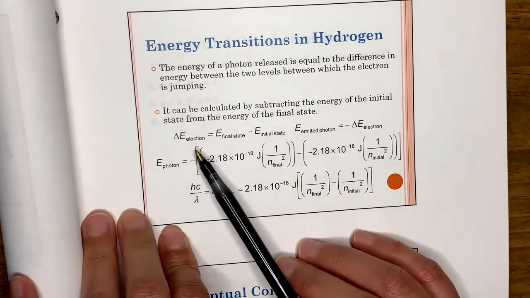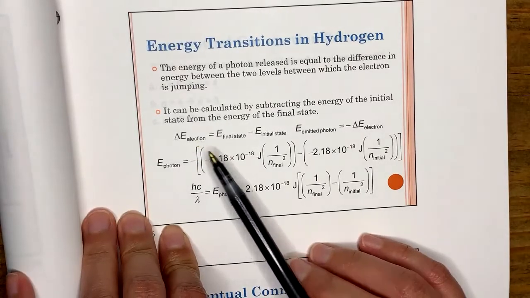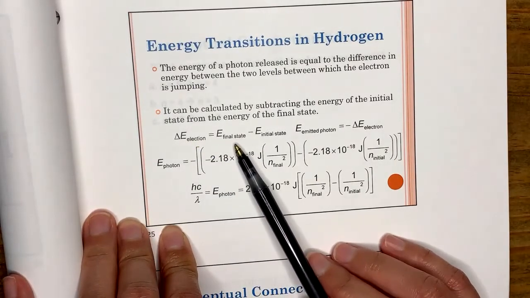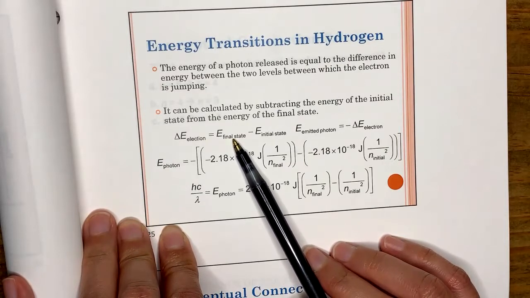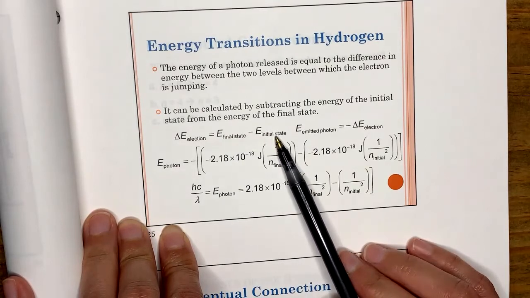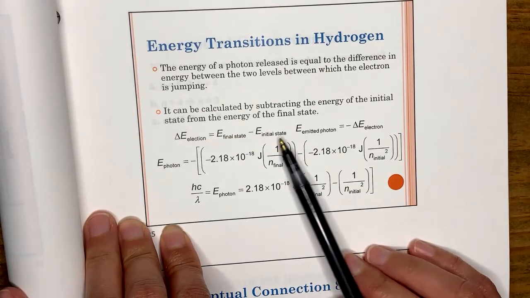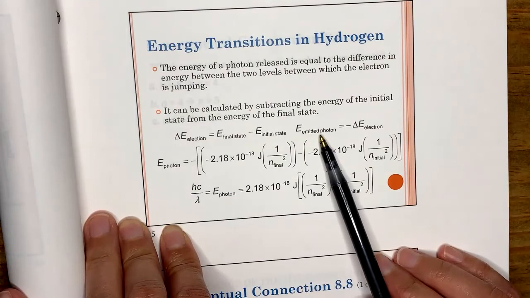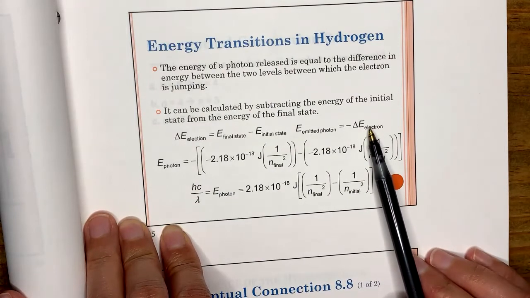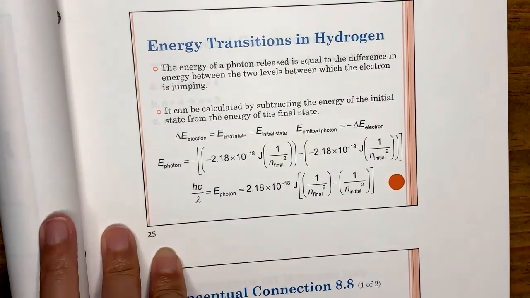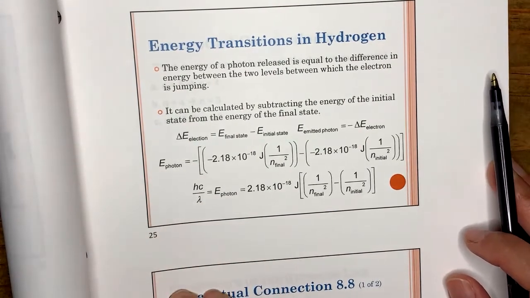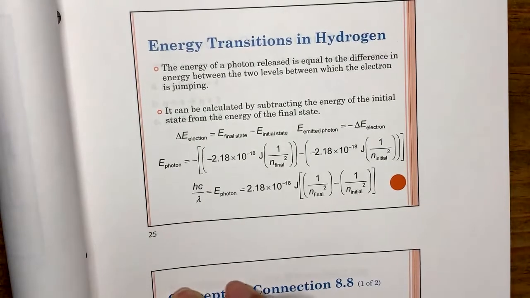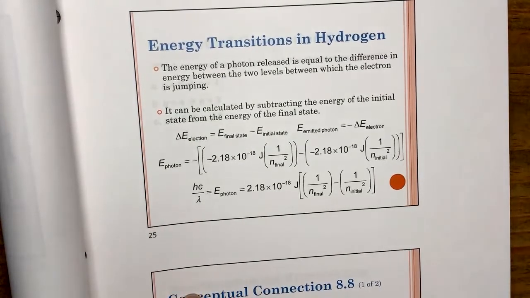So electron, it's not election, it's electron. The energy of the electron is going to be the final state, the final energy level, the n level of the electron, minus the initial, okay? And the photon that's being emitted is the opposite of the electron. So the energy of the photon that's released is basically the difference, the gap between the levels.